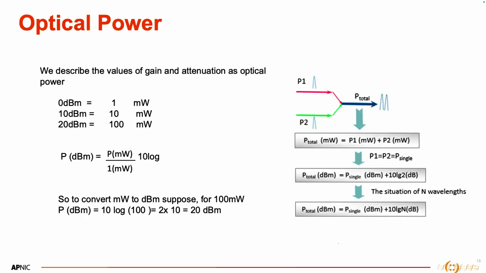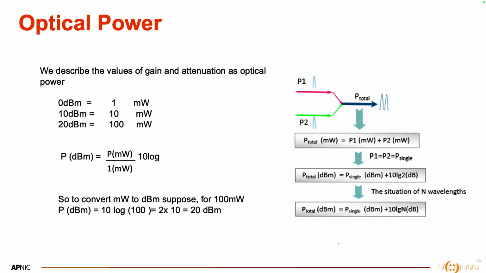So P total in dBm will be P single in dBm plus 10 log n dB. That means the total power of the wavelengths will be the power of a single wavelength plus 10 log the number of wavelengths which are passing through that system.